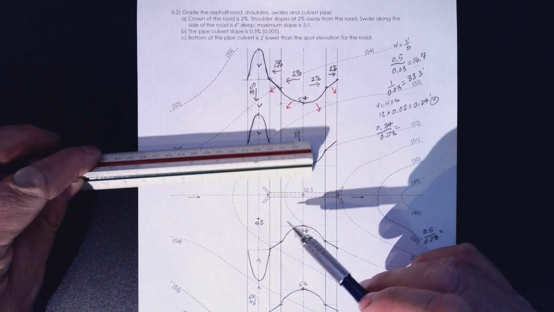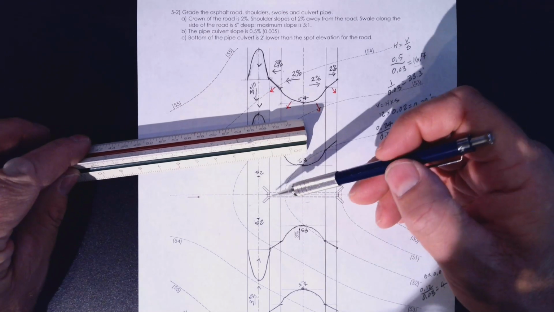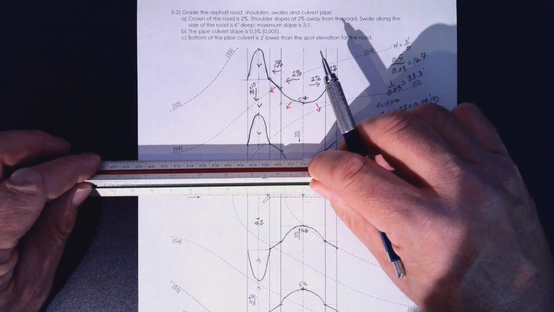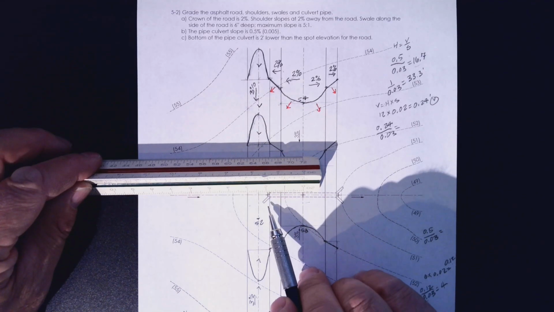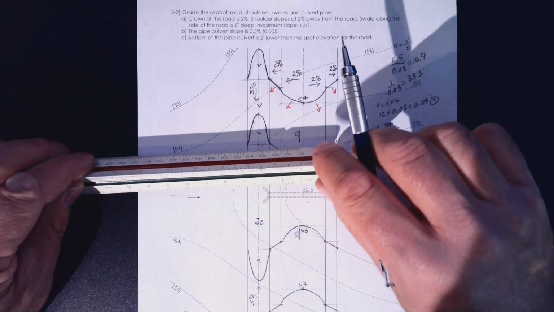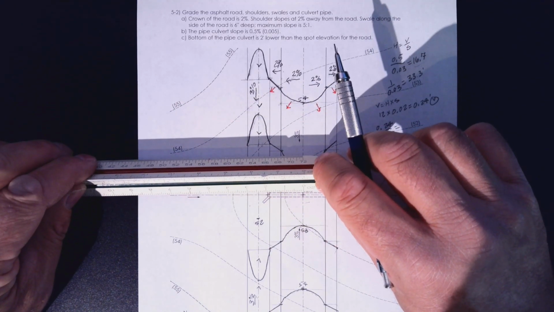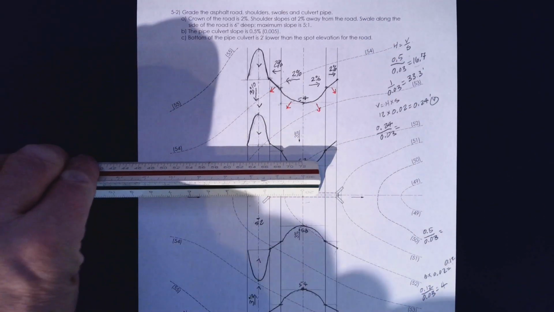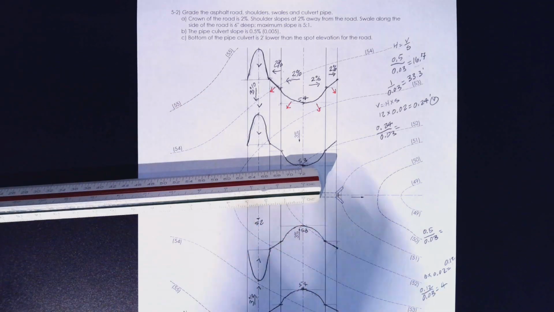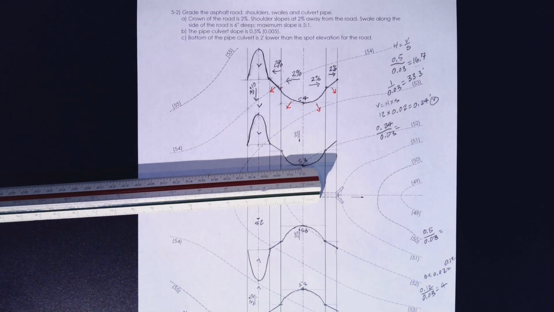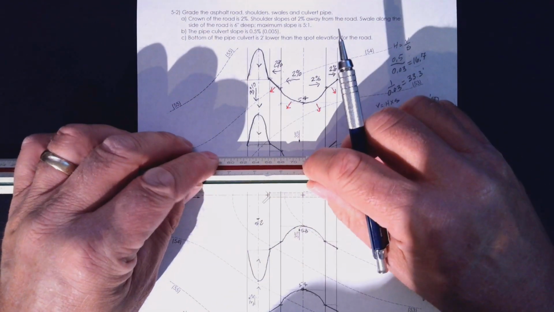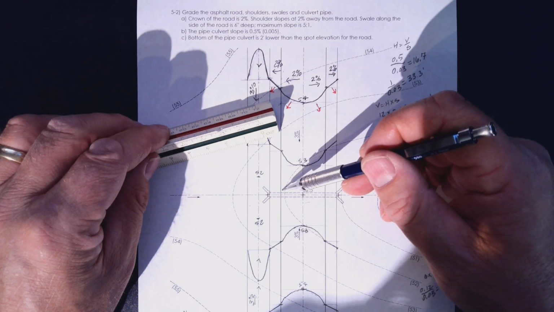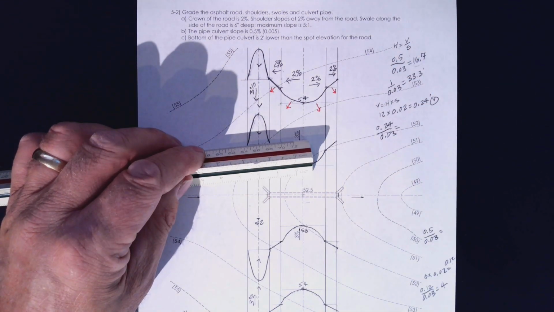So we said that this is 6-foot shoulder and a 12-foot road, so we're looking at the top of the road here. We're going to go 52.1. Let's see, so this is 52.5. We're going 2% and then another 2%.